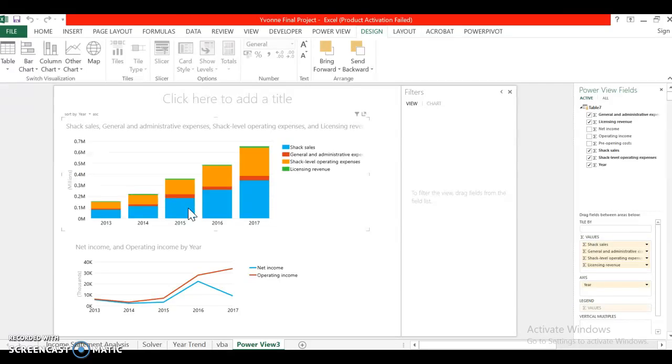And while it is growing, in order to achieve a better profit margin, it still has to pay attention to its operating expenses. And overall, I think the firm has been doing a very good job and is doing very well financially.